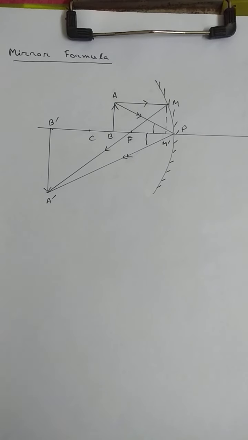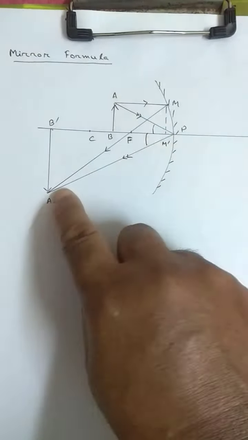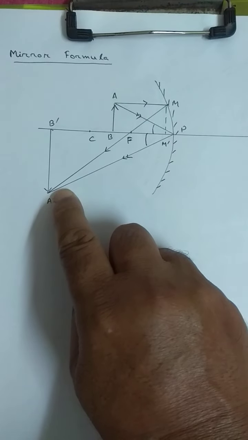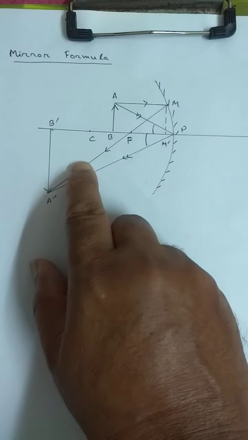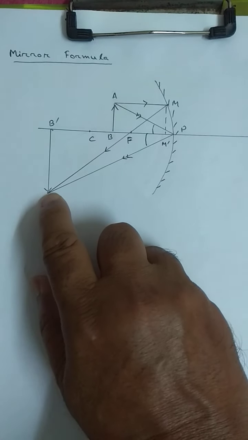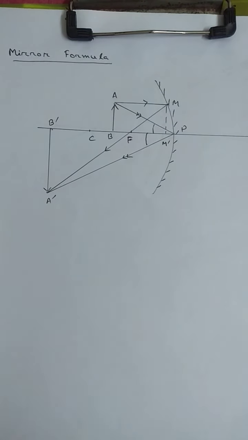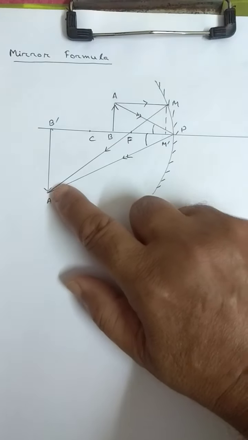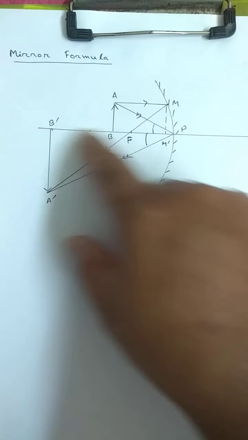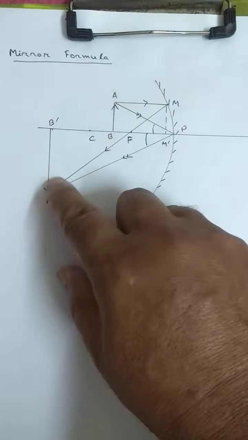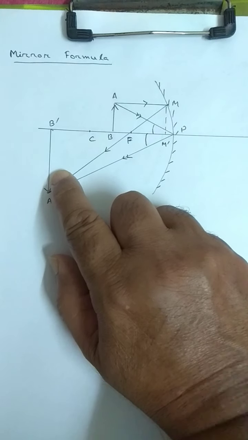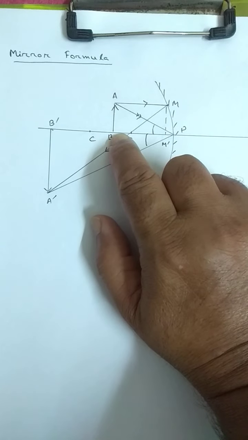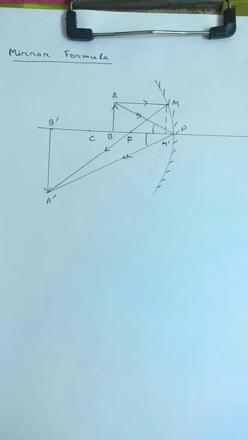Now the reflected rays MA' and PA' are converging rays. Therefore they intersect at the point A'. So if I draw a normal A'B' onto the principal axis, then this A'B' is the real inverted image of AB.